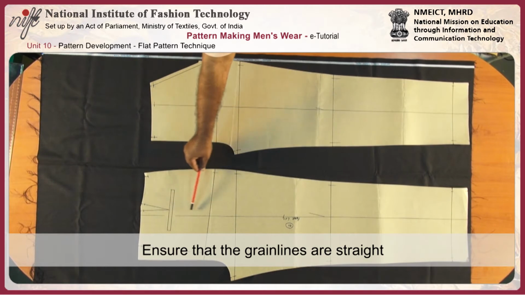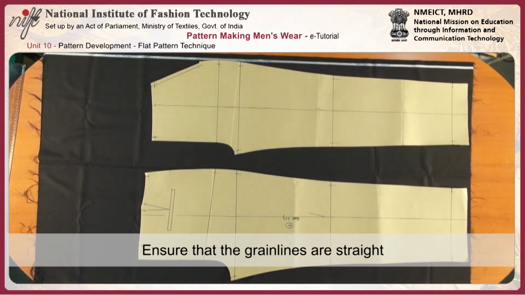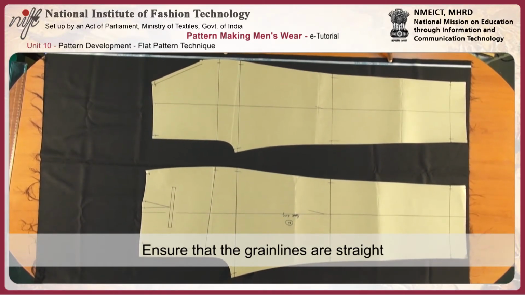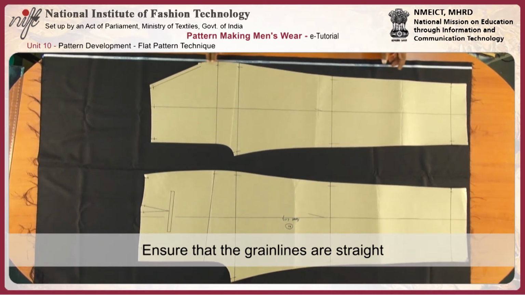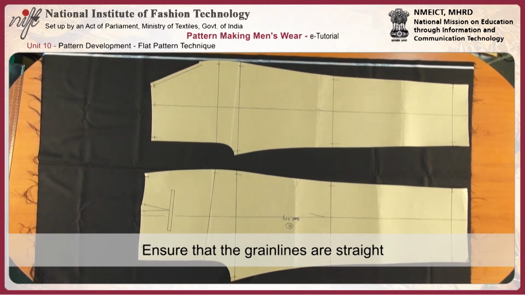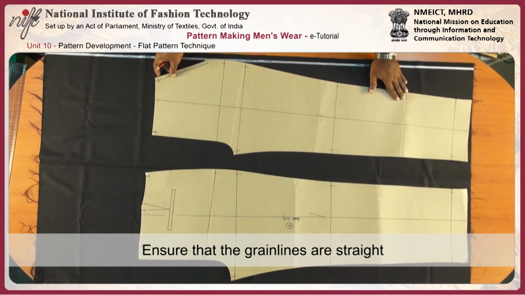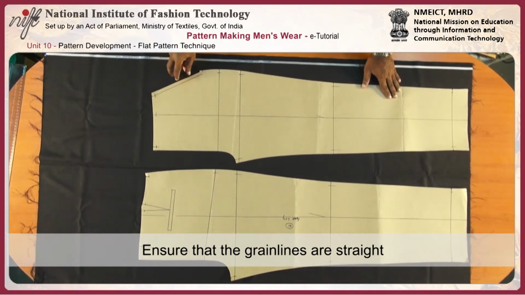In the back, a grain line is also provided, which is a reference to take the right grain line to achieve the fall of the leg. When I lay the leg, it should not be tilted to either side, bottom or top.